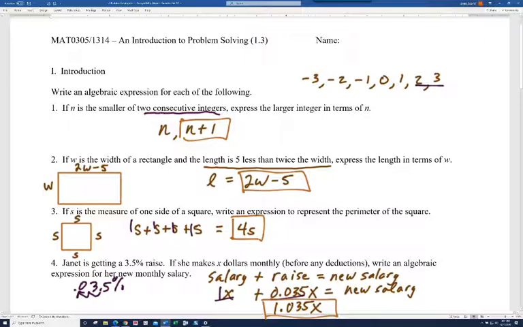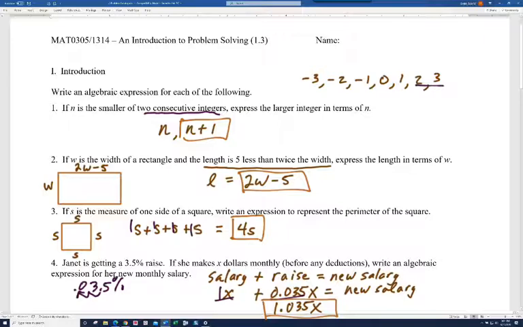Now, one of the things I just wanted to mention here is if you think about what this means, 1.035, 1x is her whole current salary. The 0.035 represents the raise. So really what we're saying here is this value is 103.5% of the original amount. And so that's another way to think of that.